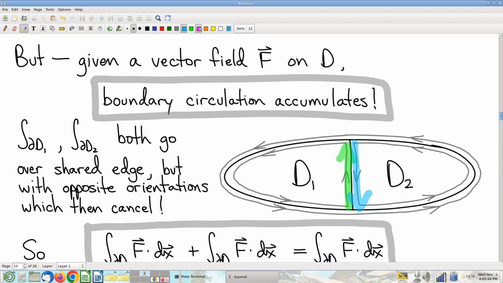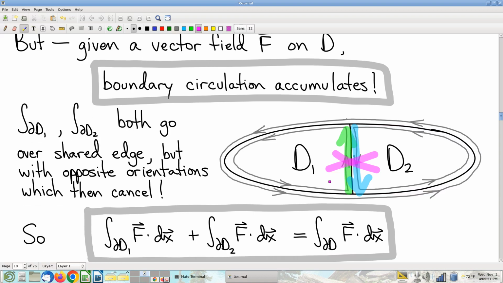So these two terms cancel. And therefore, this was what was keeping boundary circulation from being an accumulating quantity, and it's gone. It's not there after all. So, in fact, boundary circulation accumulates.